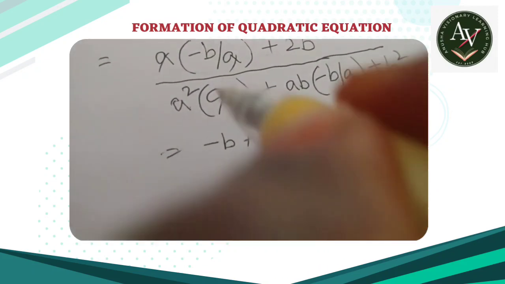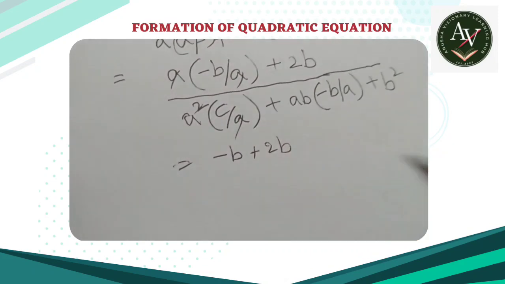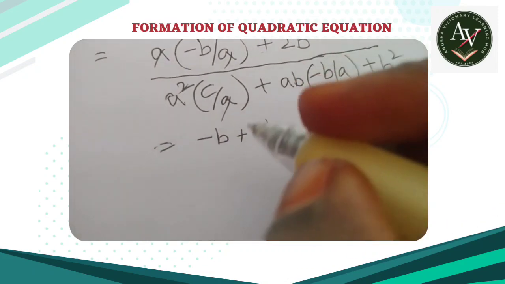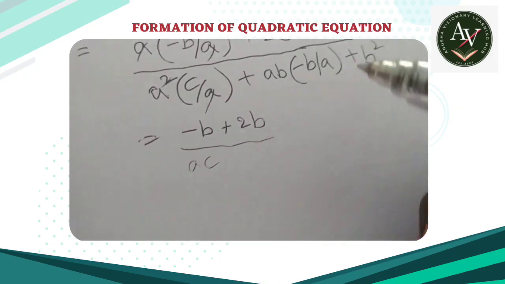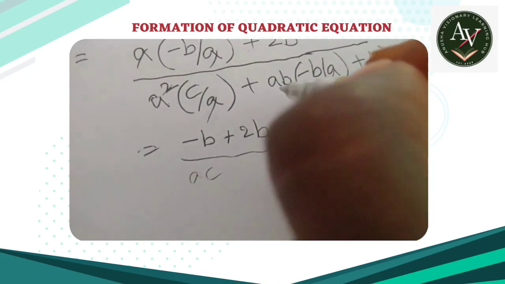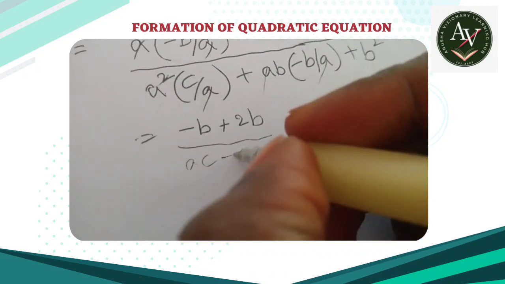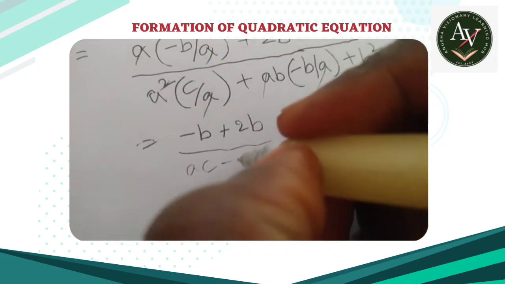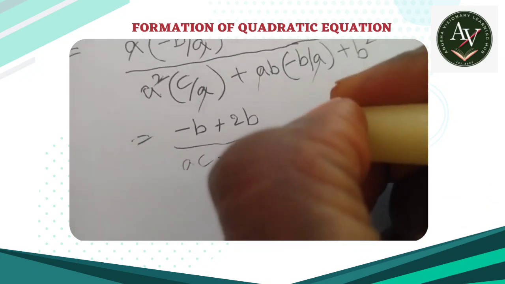Okay, next here also a square and denominator a will be cancelled, it will be changed to ac. Here also a gets cancelled, minus into plus, minus b into b, b square, plus b square.